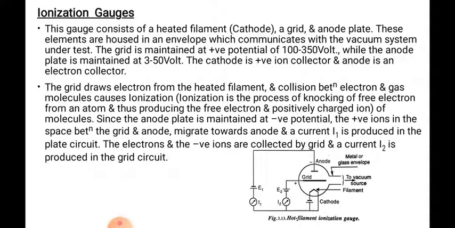So as the positive ions migrate toward the anode, the current I1 is produced in the circuit, and as the negative electrons migrate toward the cathode, current I2 is produced in the circuit.